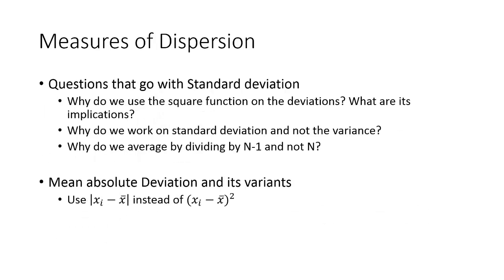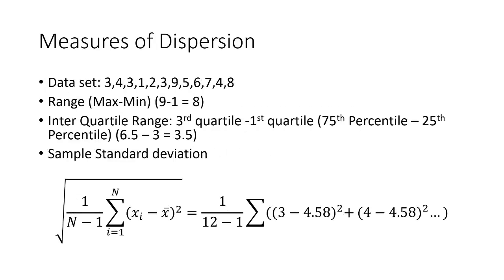So the third question, and often a very interesting question, is why do we average by dividing by n-1 and not n? So the idea here is that the sum of the deviations is always 0. And so the last deviation, because you are essentially doing a series of deviations, can be found once we know the other n-1 deviations.